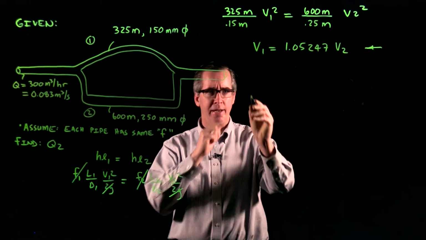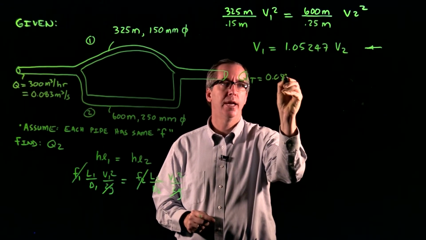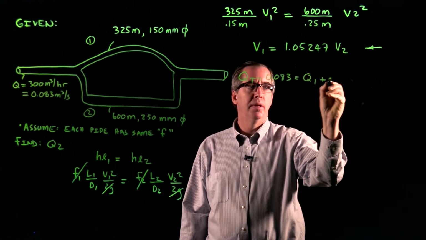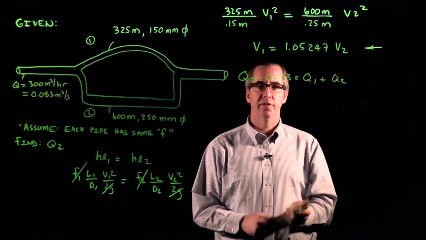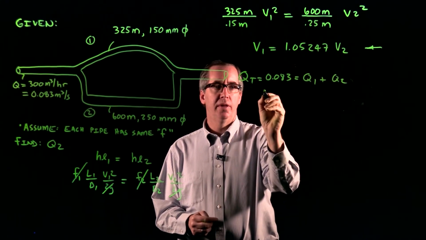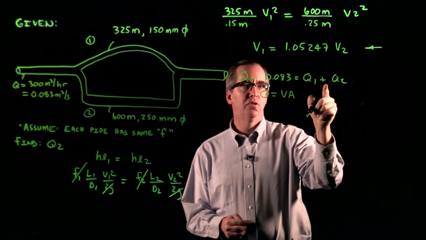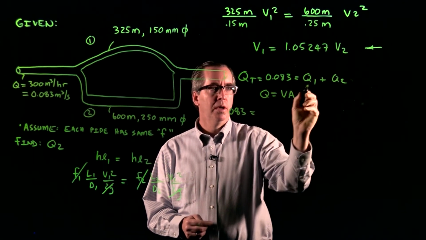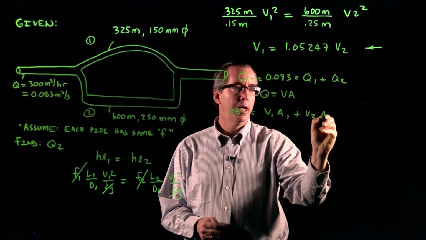So basically the total flow, which is equal to 0.083, is equal to the flow in pipe 1 plus the flow in pipe 2. It's not going anywhere, assuming we have no leaks or other losses in the system. From conservation of mass, we know that the flow is equal to velocity times the area. So 0.083 is equal to V1 A1 plus V2 A2.